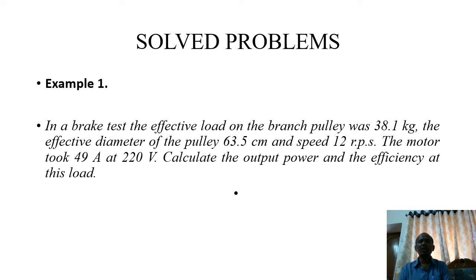Speed 12 revolutions per second is given. And the motor took 49 amperes at 220 volts. Then you can calculate the output power and the efficiency at the given load. Now we are going to solve this problem. All of you note this given data and note the problem.